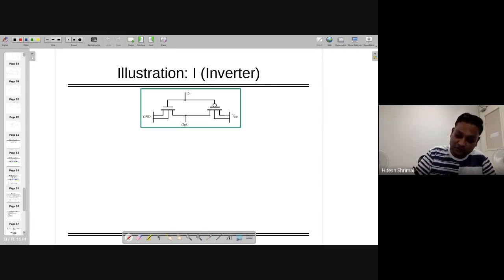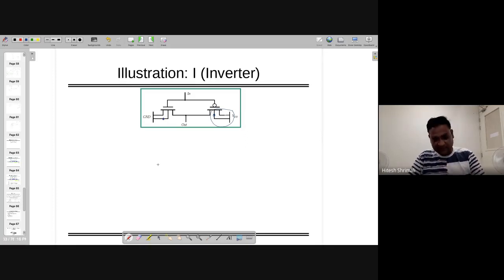PMOS is connected to VDD, means the body of PMOS is connected to VDD and body of NMOS is connected to ground. If you want to understand why this is happening, it's a part of analog circuit designing. Generally, people explain this in analog circuit designing, which is at the higher level, because it involves something called body effect.